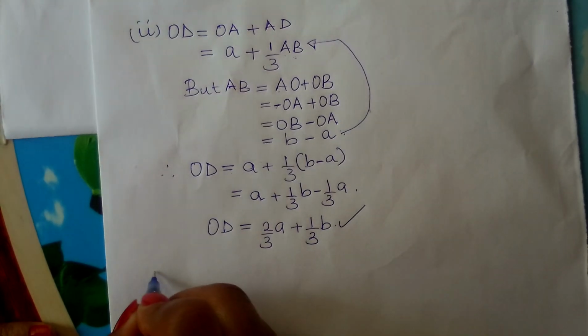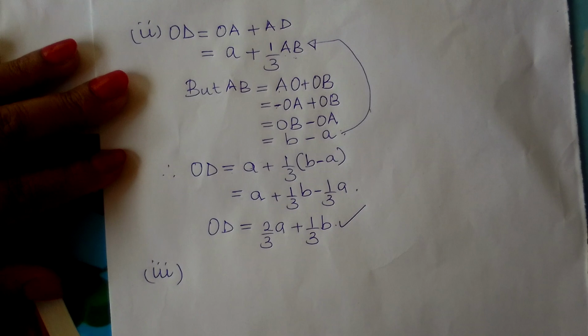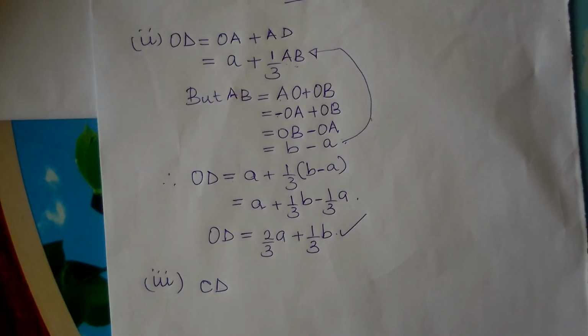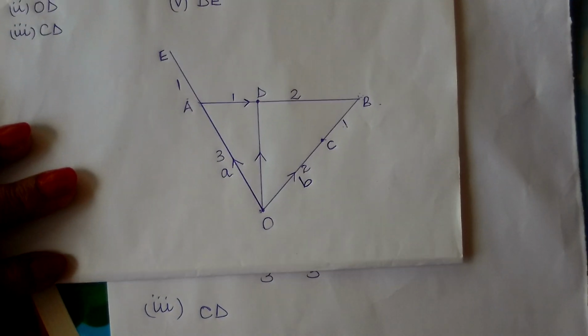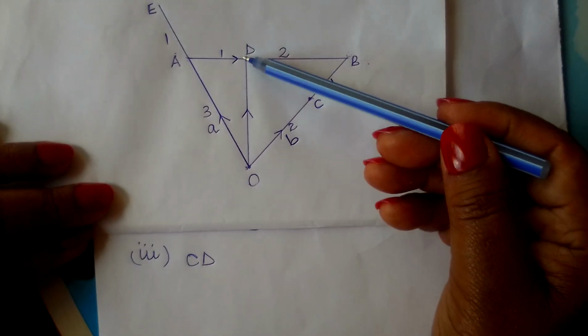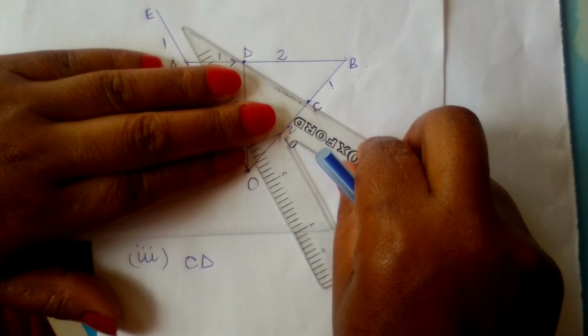Good. We go to Roman 3, Lana. Roman 3. CD. What is vector CD? Vector CD, Lana. Come to this. Vector CD is here. Fix the vector. Draw it.